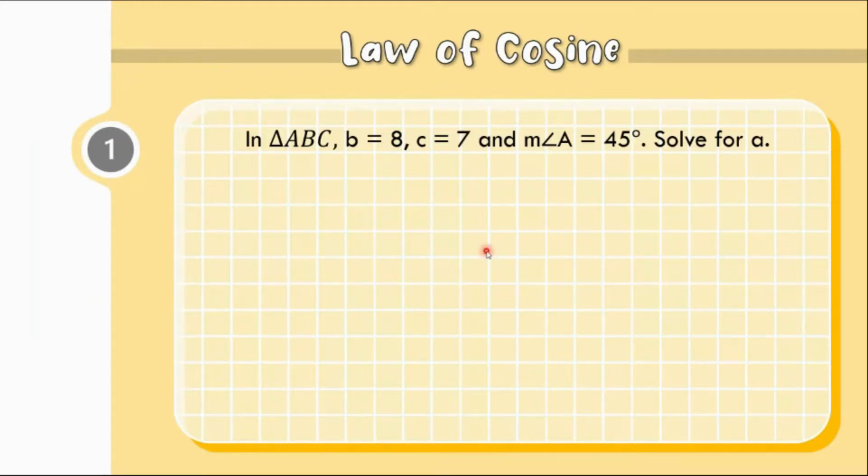In triangle ABC, b is equal to 8, c is equal to 7, and the measure of angle A is equal to 45 degrees. Let us solve for the length of side a.